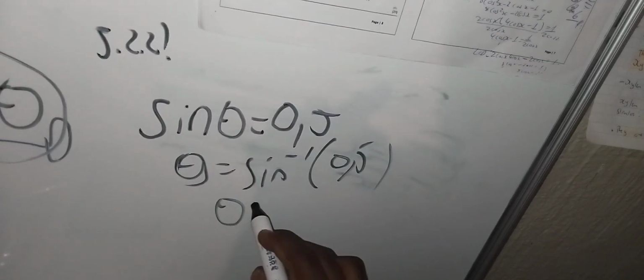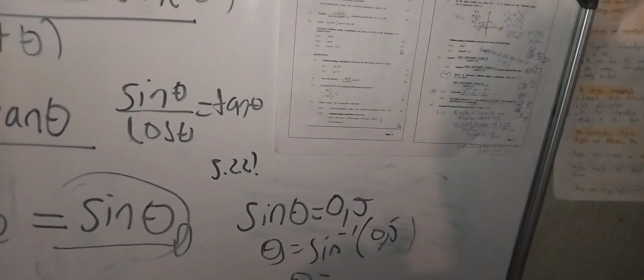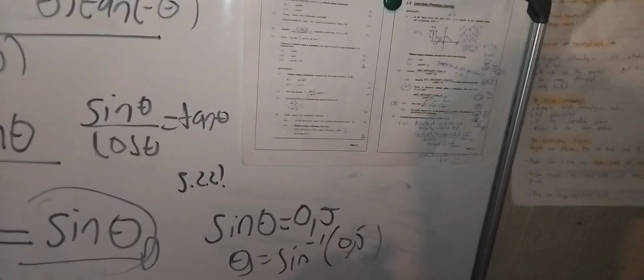Can you see where it's taking us? Now, I think everyone knows that when we have sine theta equals 0.5, we normally say that theta is equal to the sine arc of this ratio, which is 0.5, and then theta is gonna be 30 degrees. Let's just check. Sine arc 0.5 is 30 degrees.